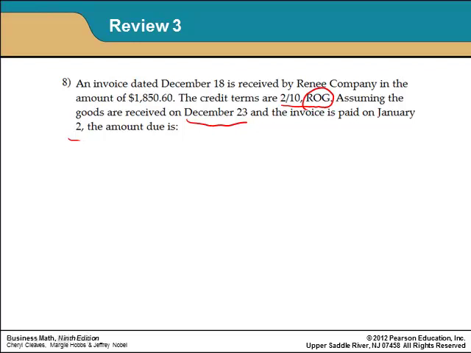So from December 23rd through the 31st is 8 days, plus 2 more is 10 days. So they get a 2% discount. So we would take 1850.60 times 0.98 because there's a 2% discount. And so the amount due is 1813.59.